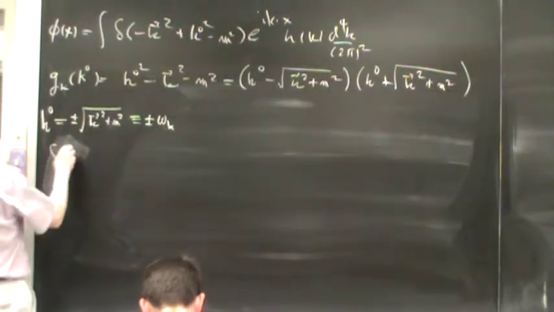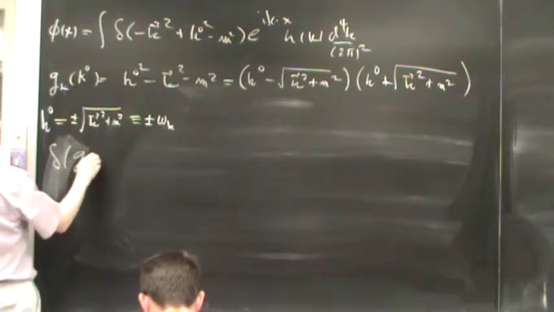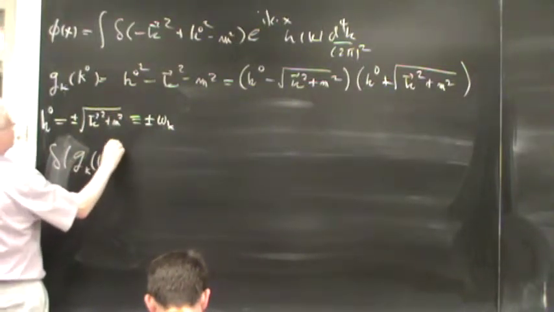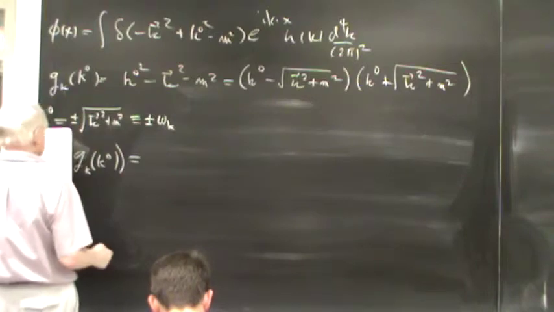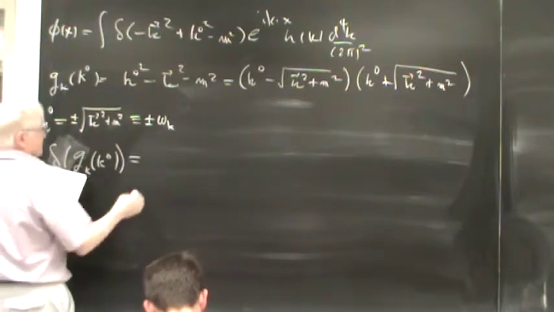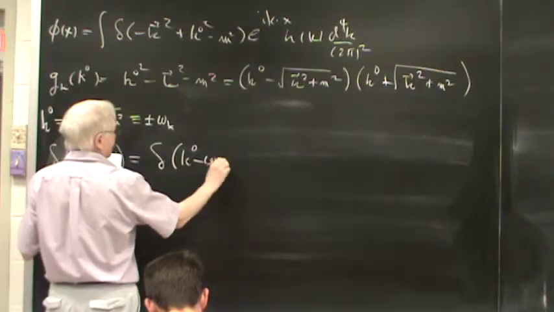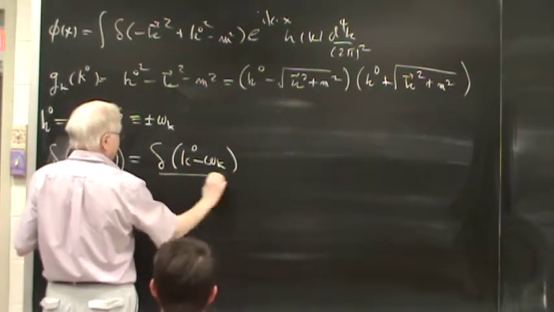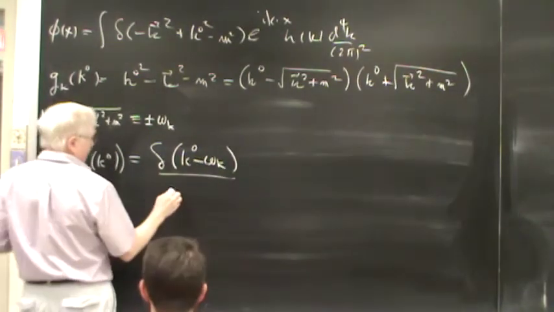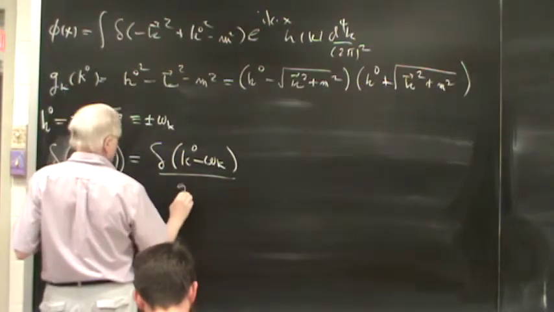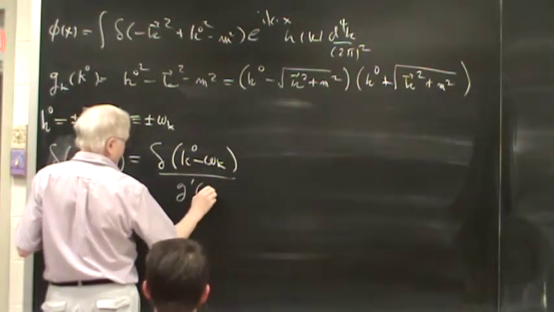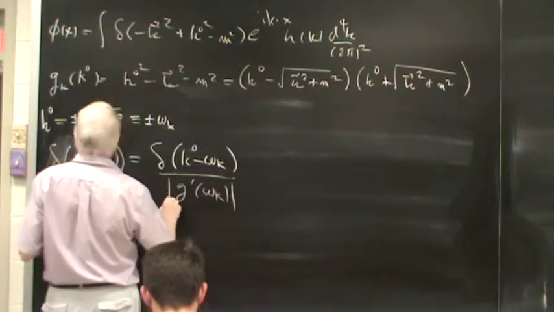In other words, delta of g sub k of k0 is going to be, first of all, delta of k0 minus omega k divided by g prime at omega k in absolute value.